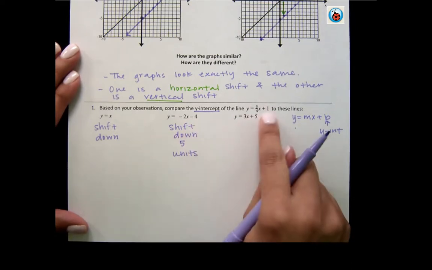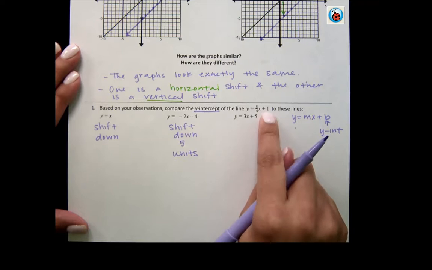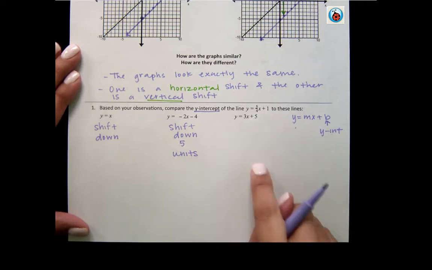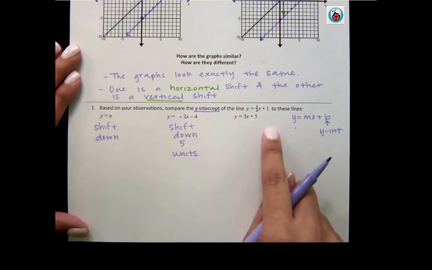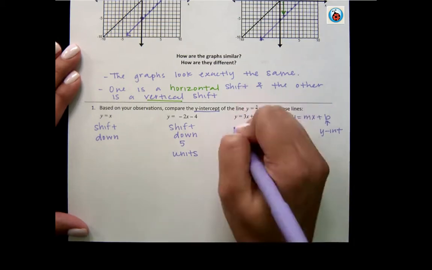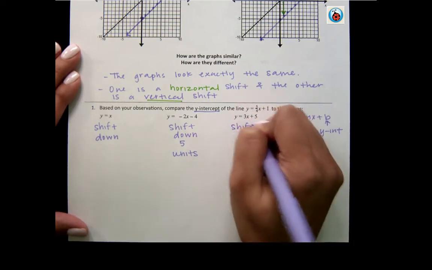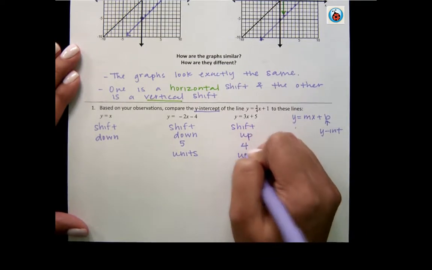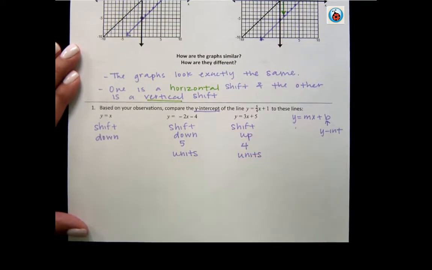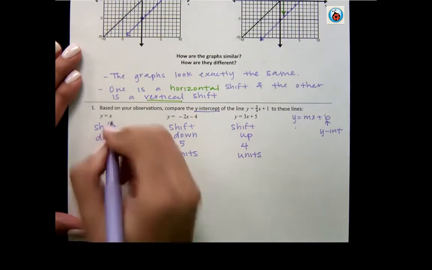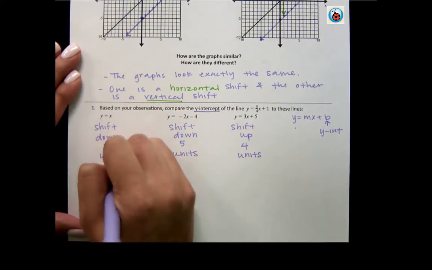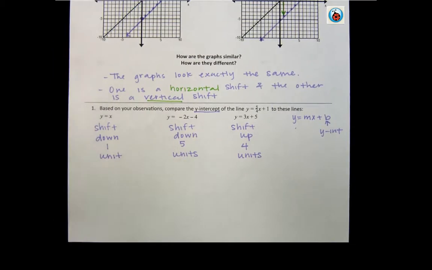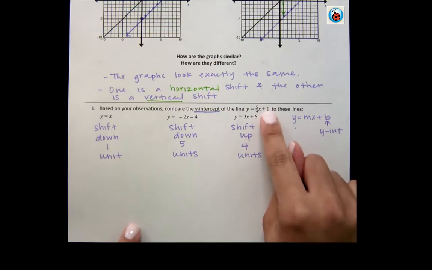So last one, if I'm at 1 and I move to 5, 1 is down here, 5 is up here, that is a shift up. And that's 4 units. This one would be a shift down 1 unit. And that's it. The y-intercept focuses on the last number in the equation that doesn't have an x.